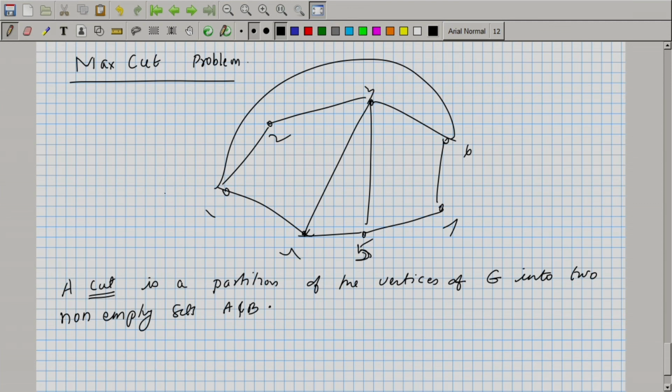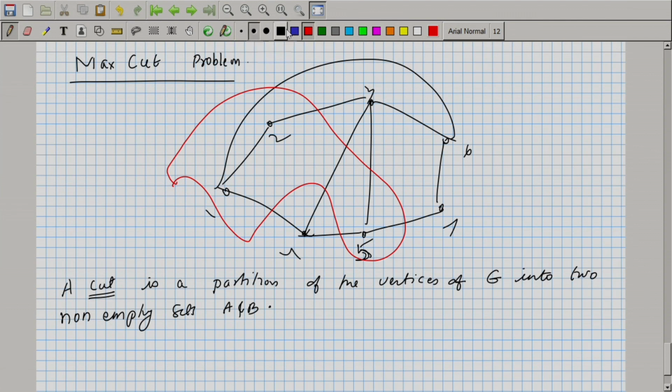For this graph, let us say we will look at vertices 1, 2 and 5. So, if we put vertices 1, 2, 5 in one set, being A, and 4, 3, 6, 7 being the other set, that is our cut.